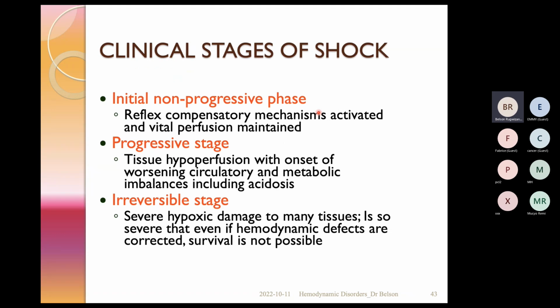So there are clinical stages of shock. There is the initial non-progressive phase. Abafite ibi signs zisanzwe ariko badafite ibibazo bikomeye. But when there is a progressive stage, now usanga harimo worsening, metabolic imbalances and acidosis.